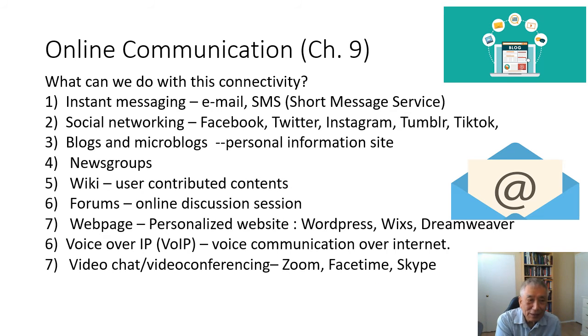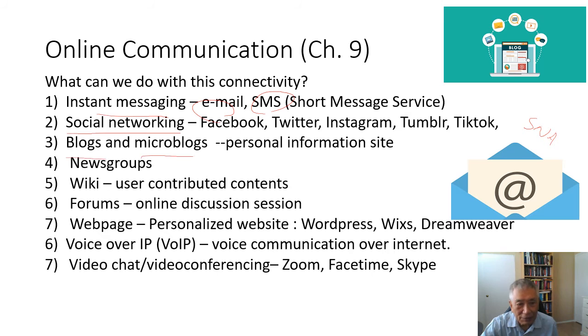Okay, chapter 9 talks about what you do with this wonderful connection setup: instant messaging, email, short message services, and social networking. In many countries that is called SNS, but in America they don't call it SNS, just social network.